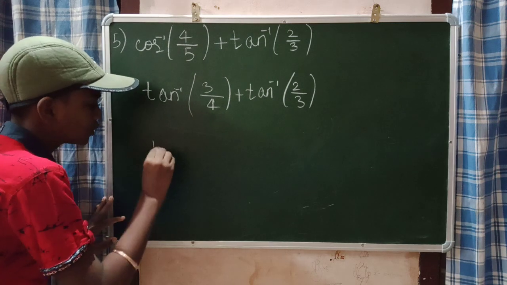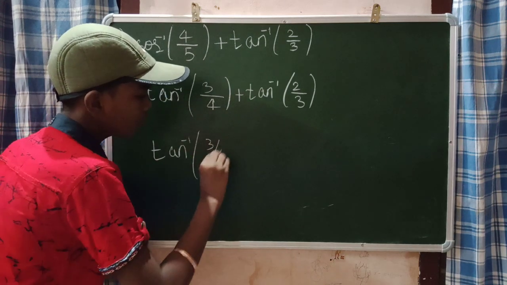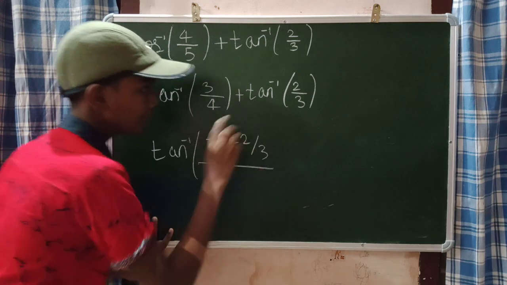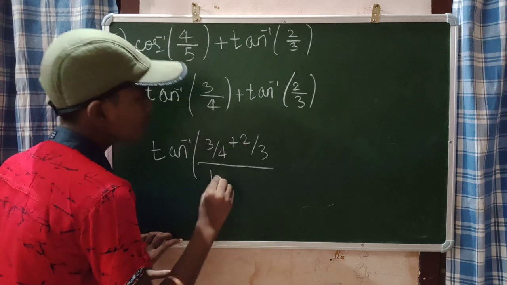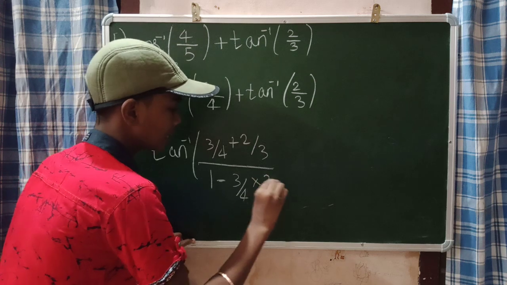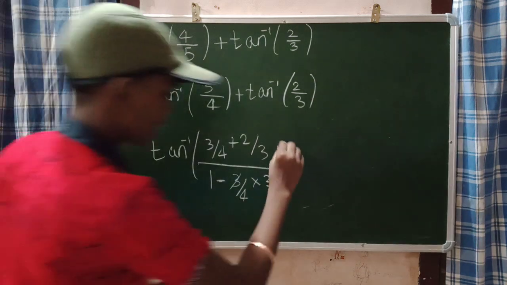So tan inverse of A plus B is 3 by 4 plus 2 by 3, correct, guys? A plus B divided by 1 minus AB, 1 minus 3 by 4 into 2 by 3. So this 3 will get cancelled.